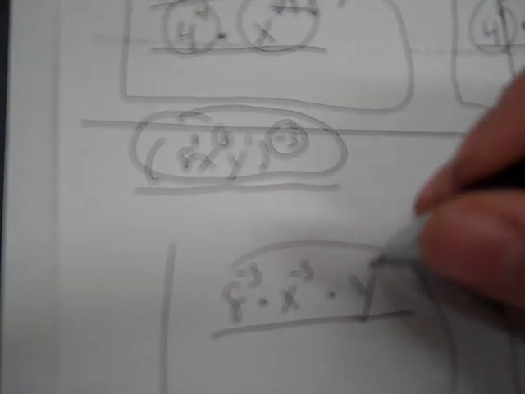So 1 times -3 is -3. Okay, x to the 1. 1 times -3 is -3. And then y is to the 1, and that's just going to be -3 again. So now we have 3 factors. But all of them are negative, so they all go to the opposite.